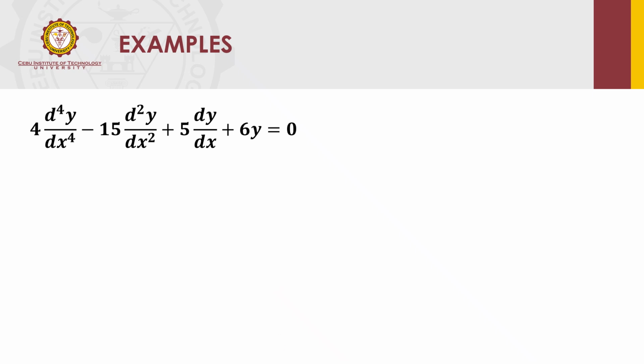Make sure to copy the constant coefficients, and replace the derivatives with m raised to the power of n. So the first term becomes 4m to the power of 4, minus 15m squared plus 5m plus 6 is equal to 0.